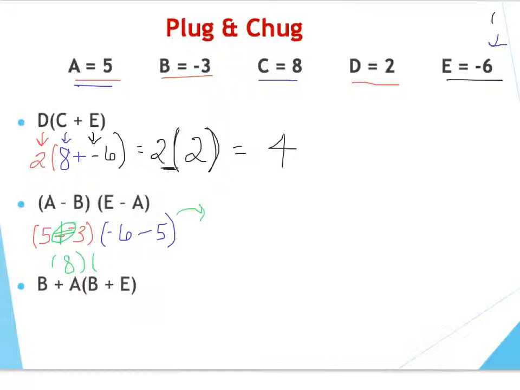So this is going to become -6 plus -5. So here, since I have same signs, I add and keep. So inside this parentheses becomes -11. Now 8 times -11 is -88. A positive times a negative is always a negative. Alright, go ahead now and try this next problem on your own.